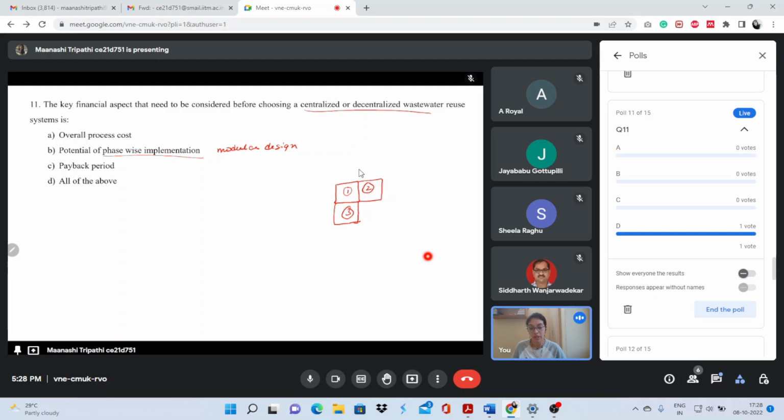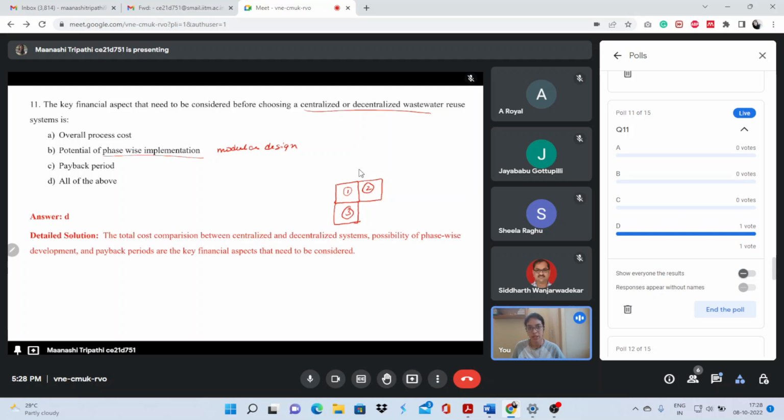Or here we are talking about treatment plants itself, or all of the above. So the answer is D. Okay, we will look into all these aspects, then we will plan. This modular design concept is easier for decentralized. This is very difficult for centralized processes.